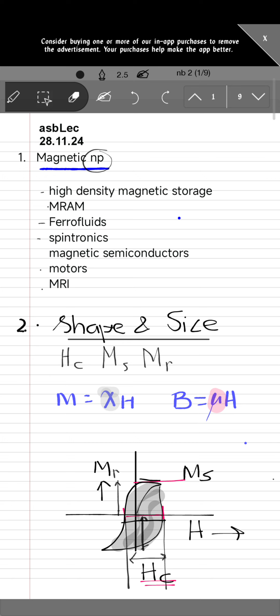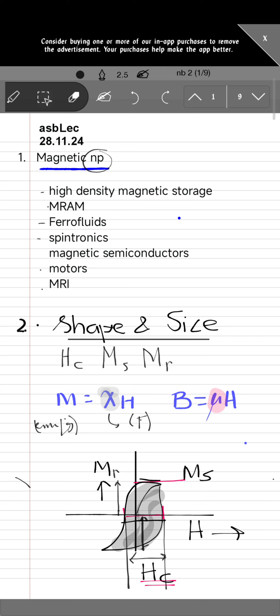Another quantity that is important to understand while discussing the magnetic properties of nanomaterials is the susceptibility. Susceptibility is the ratio of magnetization to the magnetic field applied. So it determines the property of the material.